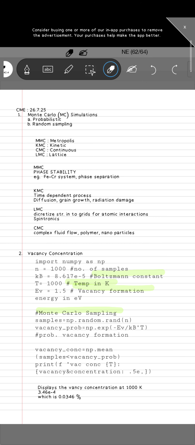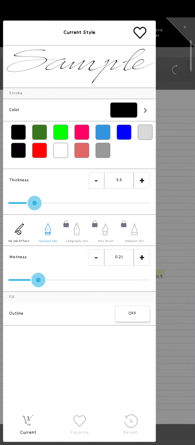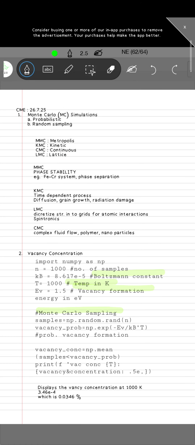Now, what we have done initially, we start with the first step, that is we bring in the numerical computing ability of Python. We call that import numpy, and we assign it a simpler name, np. Then we assign the number of samples.